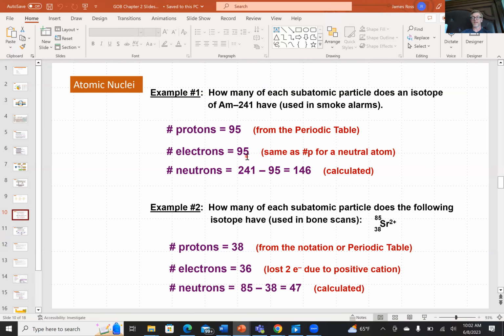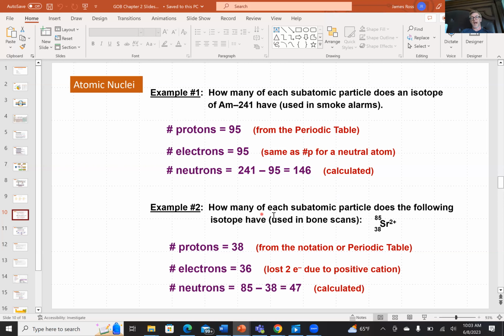Therefore, it must also have 95 electrons because it's a neutral element, and these numbers must always be the same in a neutral element. We're told the isotope has a total mass of 241. So that 241 includes the neutrons and the protons. To obtain the neutrons, we just subtract the 95 protons, and we're left with 146 neutrons.